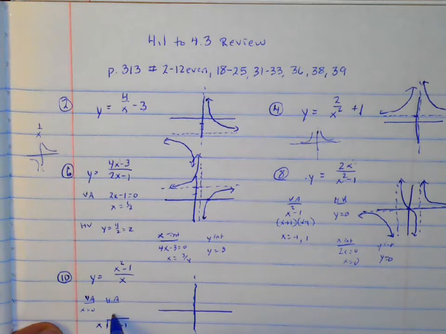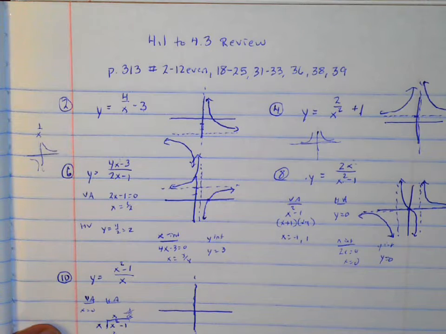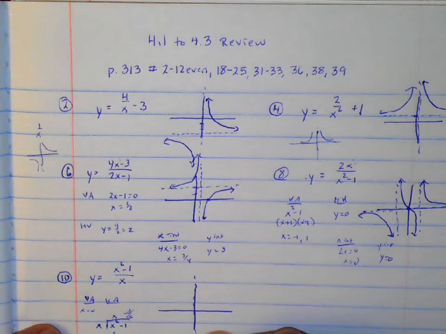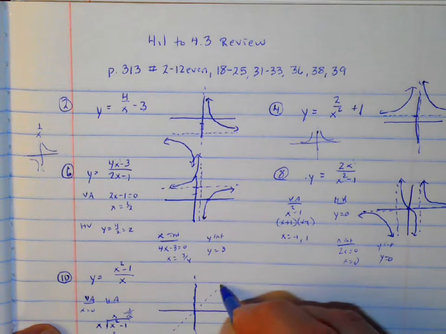So it'd be x, and x times x is x squared. Those cancel out. Nothing times x is -1, so it'd be like -1 over x. Okay, but we ignore that. We just use y equal x, and we ignore that part. So our horizontal or oblique asymptote is at y equal x, which would be this line right here.